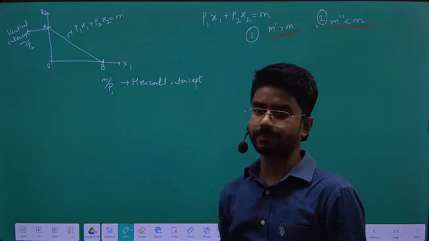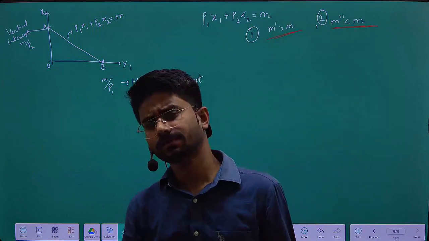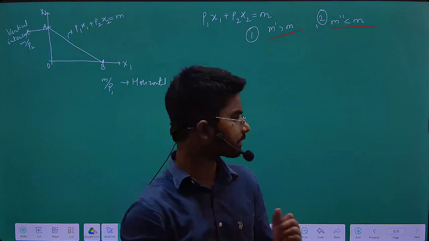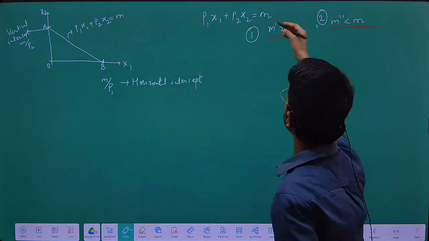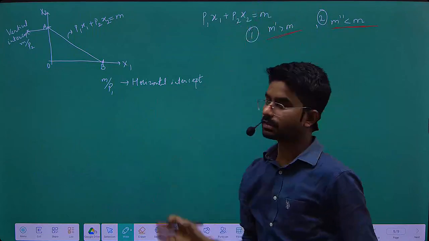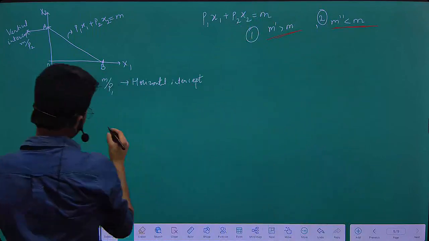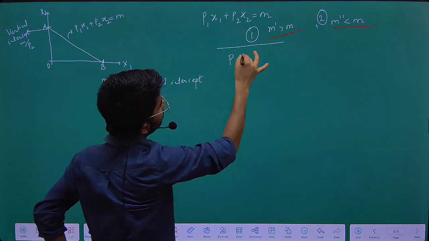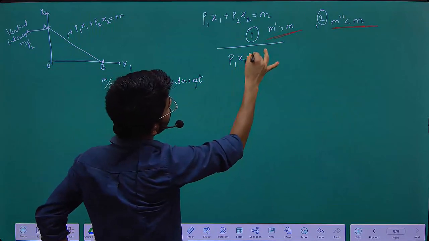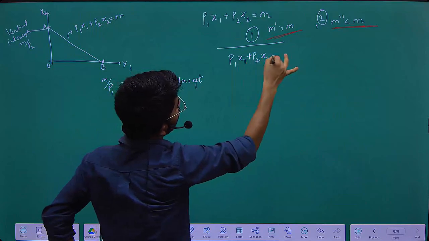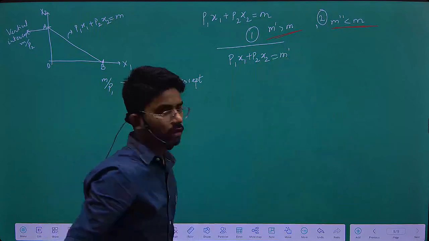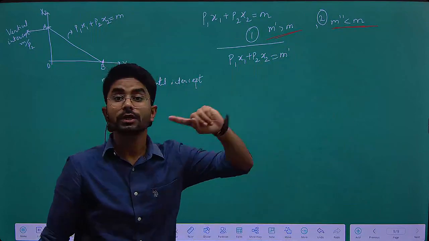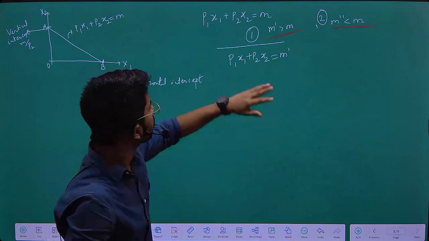Now you have two cases: what happens when income increases, and what happens when income decreases. So just think, if your income has increased, in that case, suppose this is the case, you will have P1 x1 plus P2 x2 equal to M dash. This would be on the new budget line. Why?